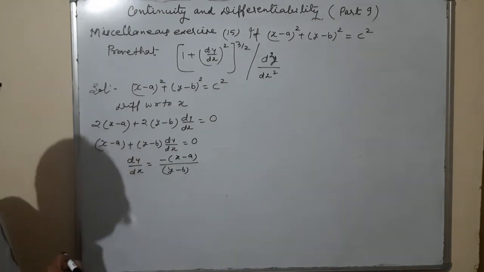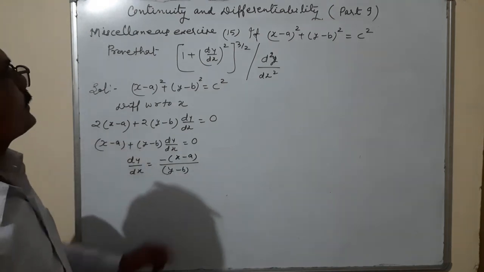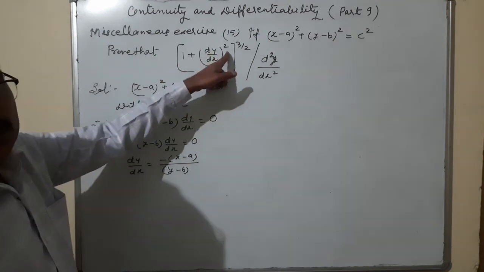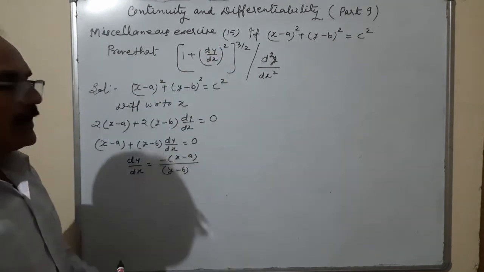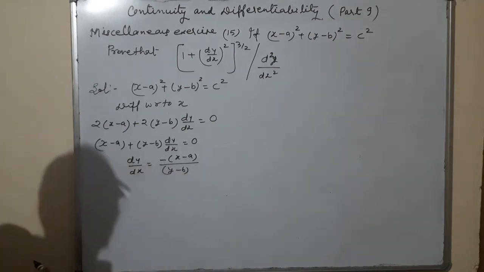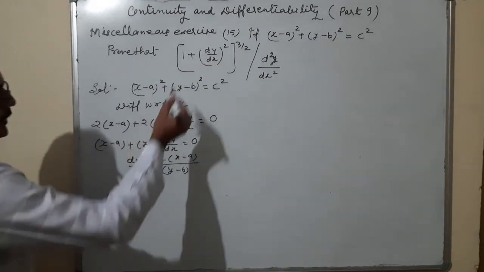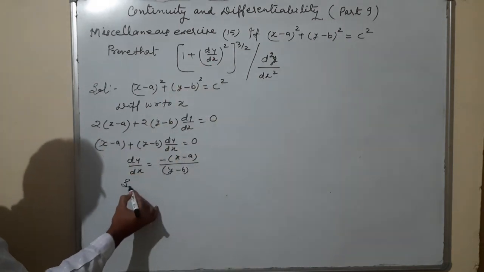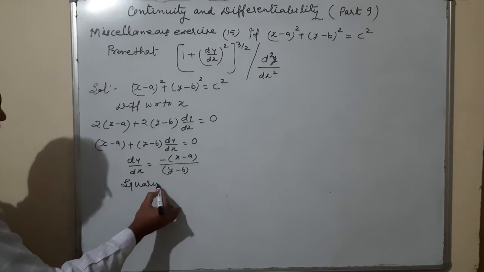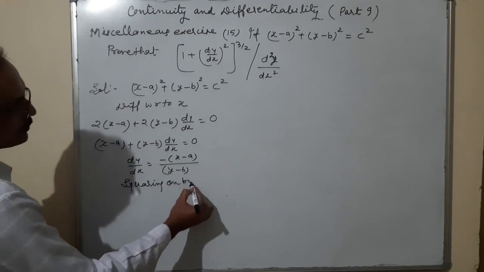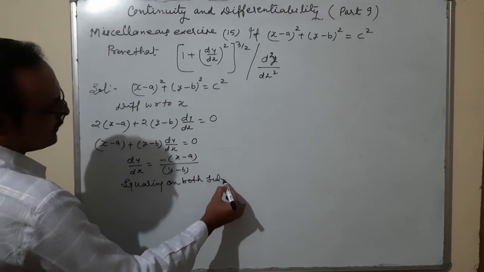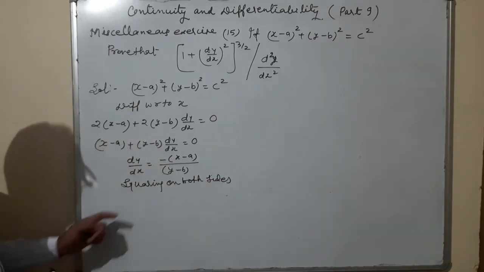Is that okay? Now you will see the question, 1 plus (dy by dx) whole square is also there. So we are finding the whole square of this term. First, squaring on both sides. Why are we squaring on both sides?